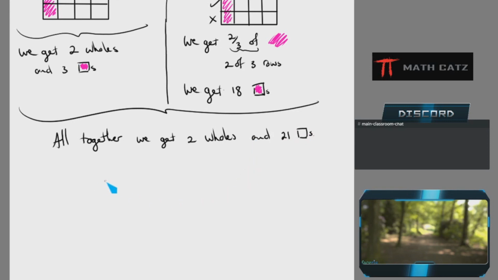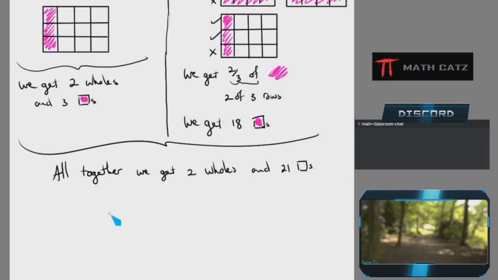So now I want to see how much it takes to make a whole rectangle. It takes 3 rows of 4, so 12 pieces to make a whole rectangle.